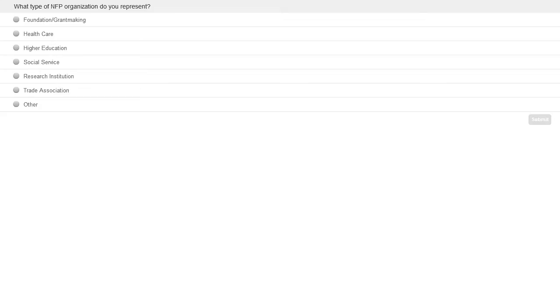We have a variety of institutions here. If you wouldn't mind marking which one you belong to. We do have an other category there in case we have not captured the type of institution that you're with. I'll give it a second here for everybody to mark their answers so we can ensure that people are getting their credit.